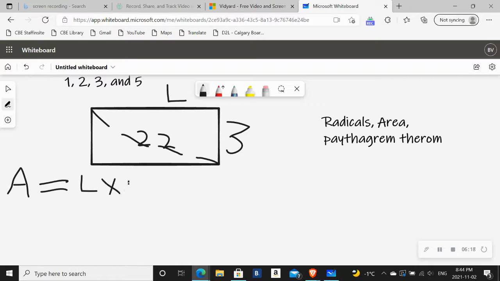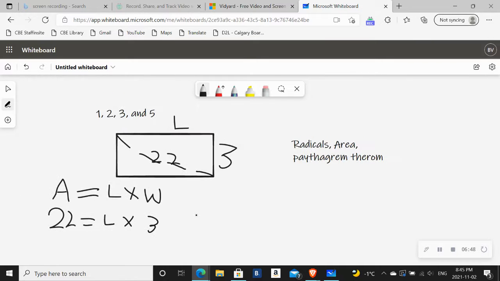This right here times this right here, L times 3, equals 22. So 22 equals L times 3. That's what we know so far.